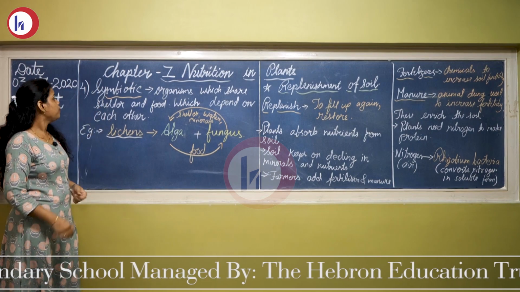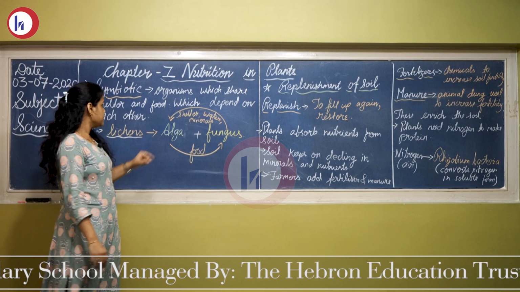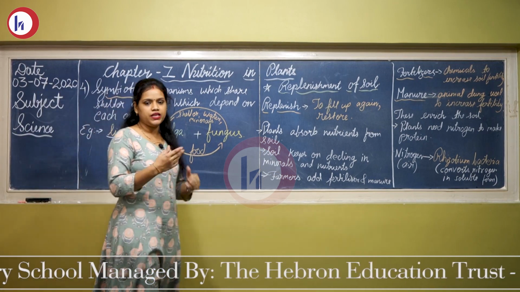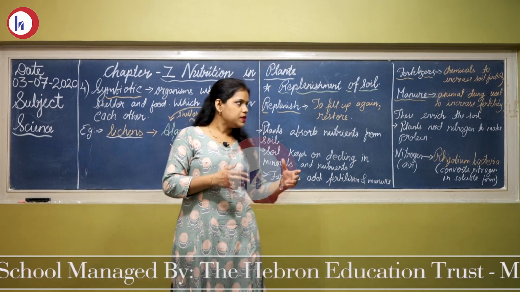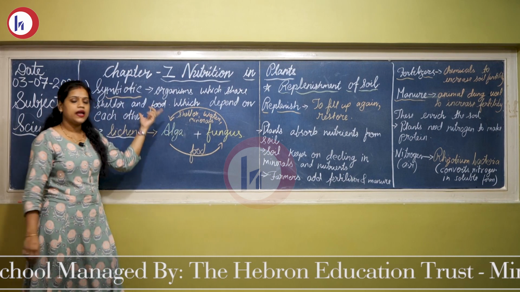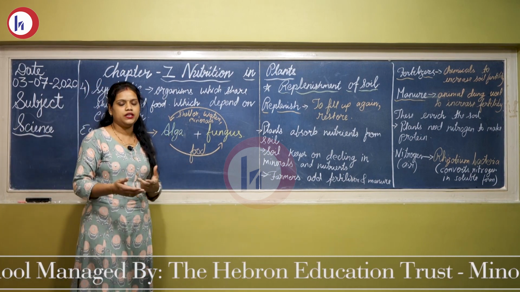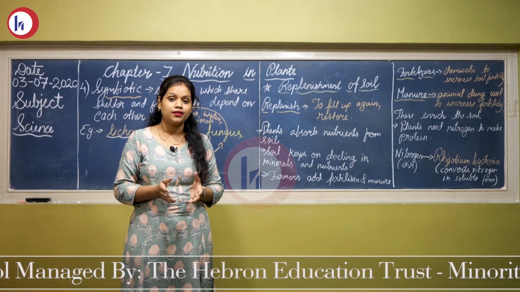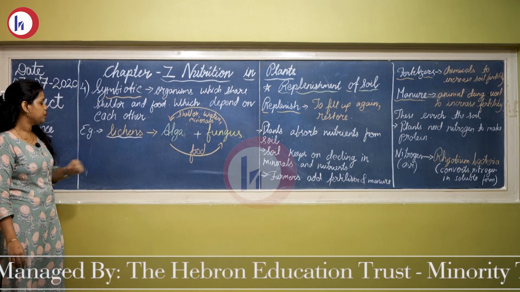The fourth mode of nutrition is the symbiotic mode of nutrition. In this, organisms share food and shelter with each other. So it is basically like a friendship. Both organisms depend on each other for nutrition or shelter, and they share a symbiotic relationship. An example is lichens.